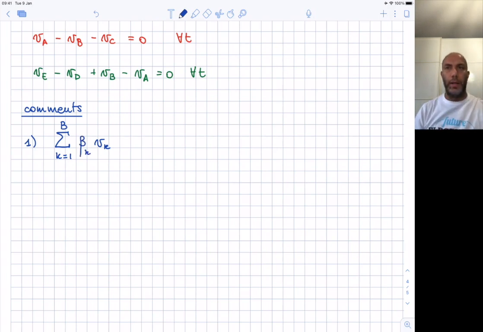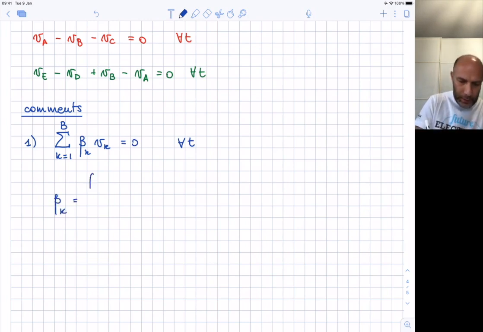Let's call this beta k, and this sum is 0 for every time instant, where beta k is a coefficient that can have the value plus 1, minus 1 or 0.